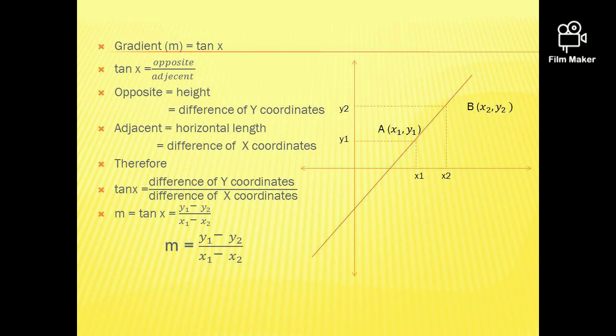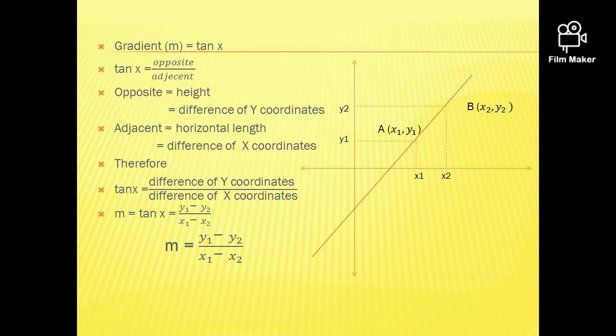Now let's try to understand how to find the gradient of a straight line. Simply from the definition we know that gradient is tan x. We know that from our previous theories. The definition of tan x is opposite divided by adjacent.